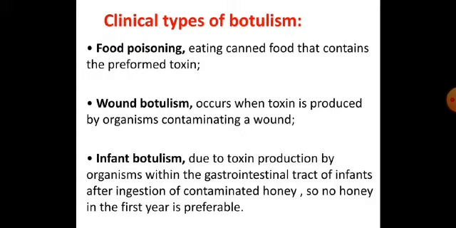And one of the most popular forms is infant botulism. This is due to the ingestion by the infant of honey contaminated with the spores. Honey is a favorable environment for the growth of the botulinum spores, and so it is preferable to avoid it in the first year of life.